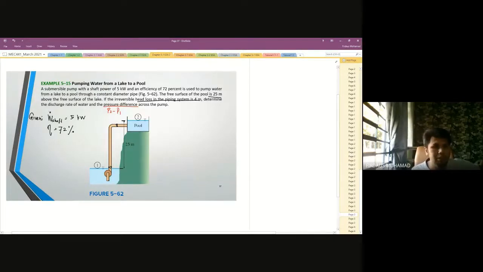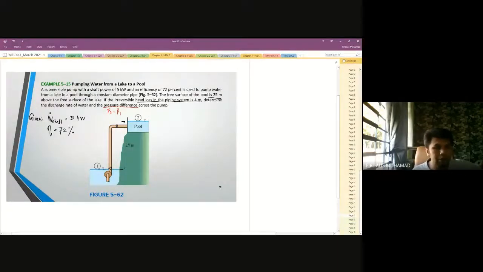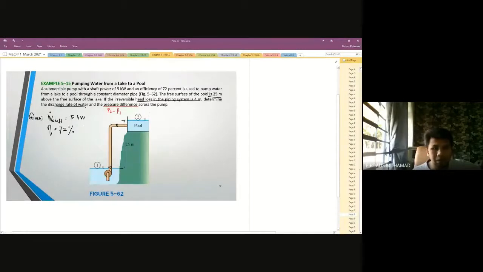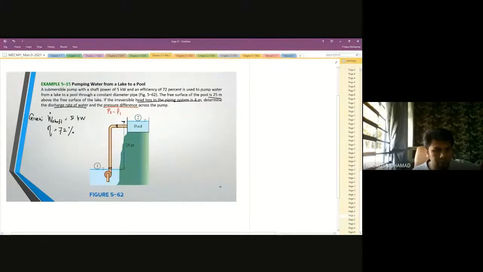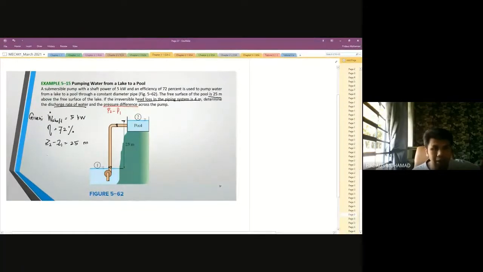So determine the discharge rate of water. So dia nak apa? Dia bagi apa ni? Z2 tolak Z1, 25 meter. And then head loss ni berapa? 4 meter.